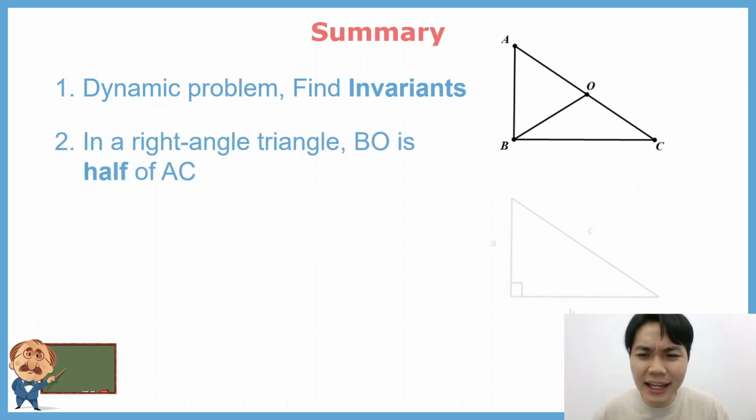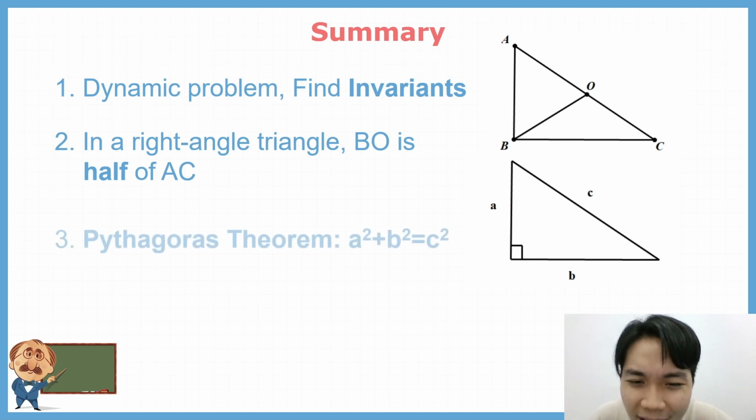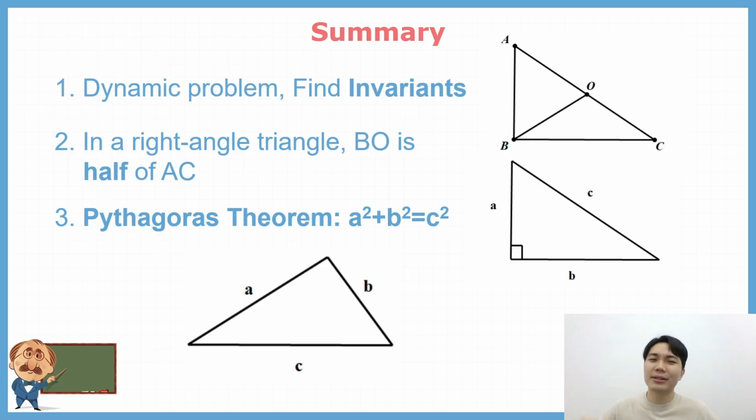Next, if we have another right angle triangle, this time having the lengths, to find the length of the longer side, I can use A squared plus B squared equals C squared, Pythagoras theorem. And last but not least, if we have a triangle, what can I say about the length of the longer side and the sum of the two other sides? It will be C is less than or equal to A plus B. And we've successfully summarized this question.